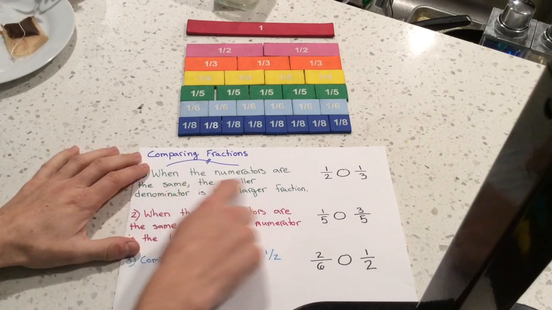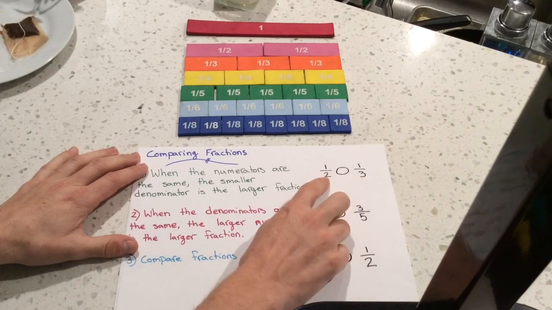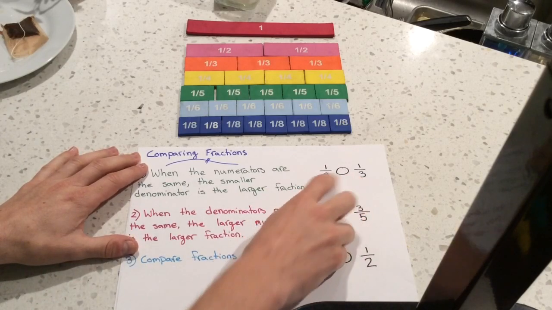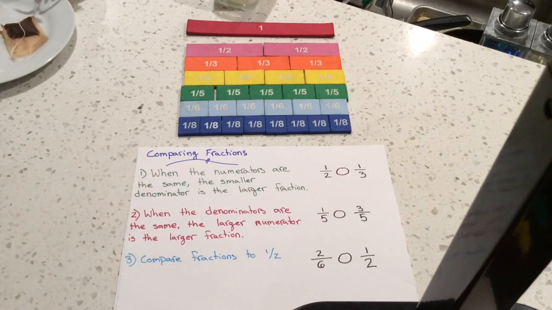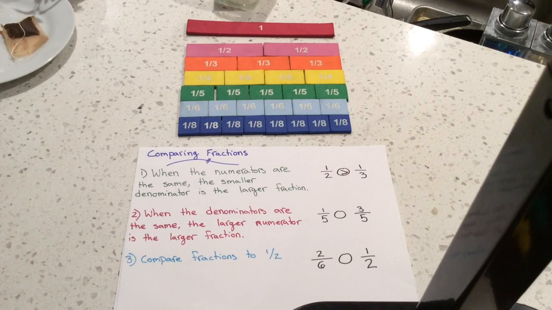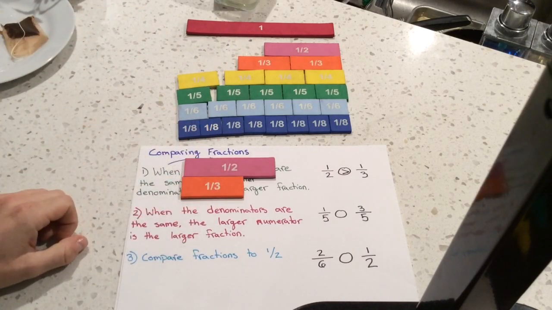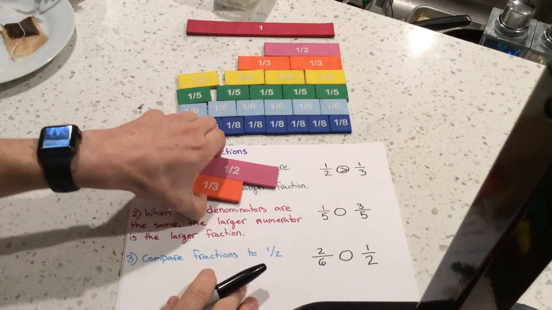So here, my numerators were the same, and I then look at the denominator. 2 is smaller than 3, or 2 is less than 3. So that tells me that the 1/2 fraction is larger, okay? And again, I can clearly see that by using my fraction strips, 1/2 and 1/3.